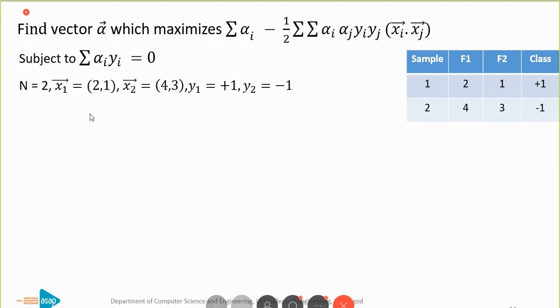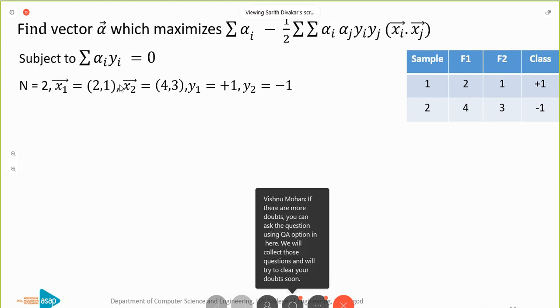So let us write the values. How many samples do you have? You have two samples. So the sum function now will be i is equal to 1 to 2, and for the double summation, i is equal to 1 to 2 and j is equal to 1 to 2. Now the feature vector x1 is (2, 1), and feature vector x2 is (4, 3).